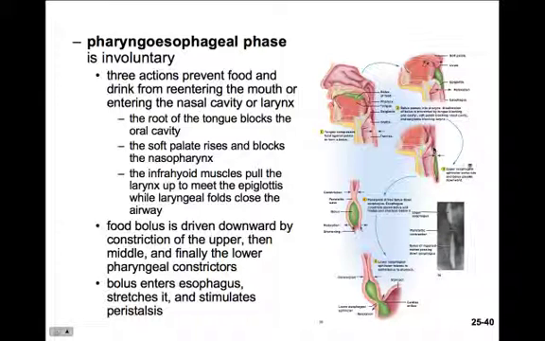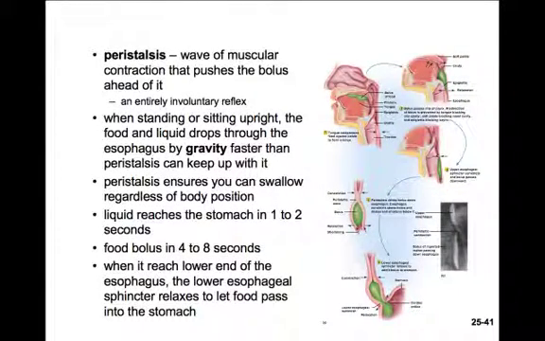The esophagus becomes stretched, which stimulates peristalsis. Peristalsis is the action of the esophagus contracting against the bolus of food and pushing it down. When we're standing or sitting upright, the food and liquid drops pretty much on its own, aided by gravity, faster than the peristalsis can keep up with it.